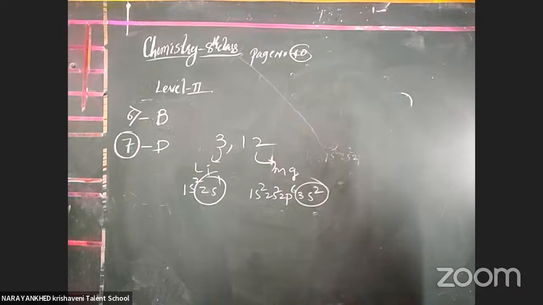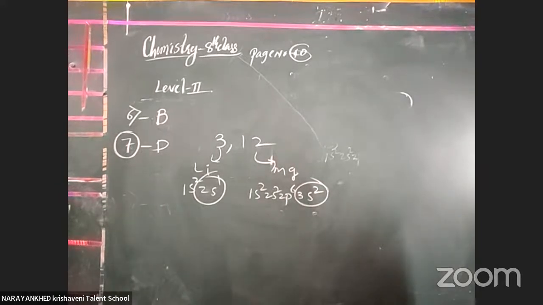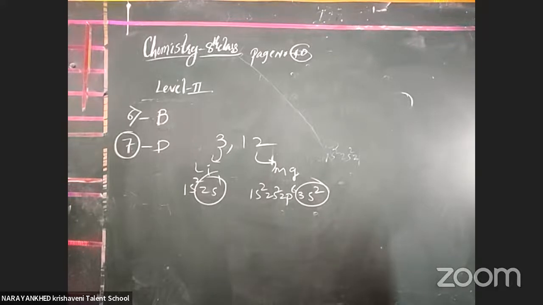Which group contains all states of elements, that is, solids, gases, and liquids, at 298 kelvin and 1 atmosphere pressure? Okay, clear or not? Now, just listen here.